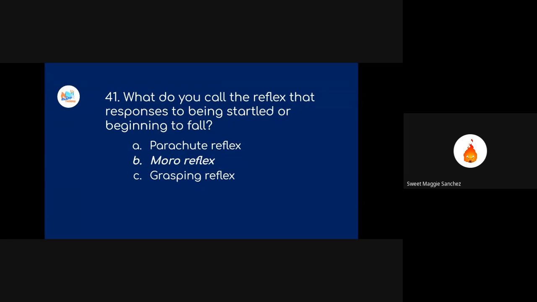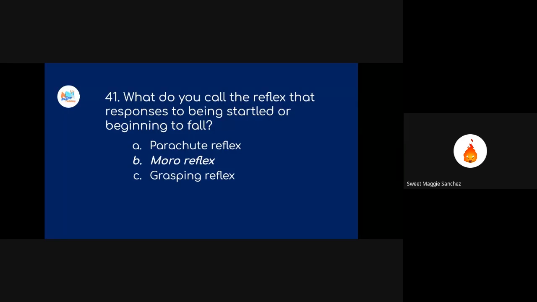For number 41, what do you call the reflex that responds to being startled or beginning to fall? The correct answer is Moro reflex.